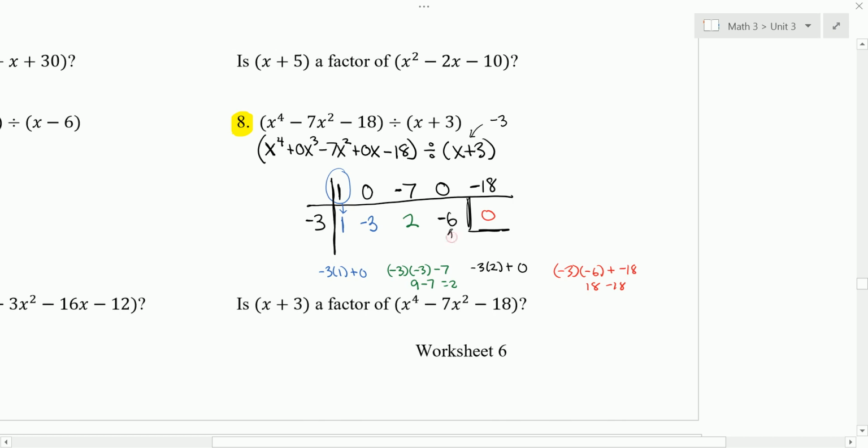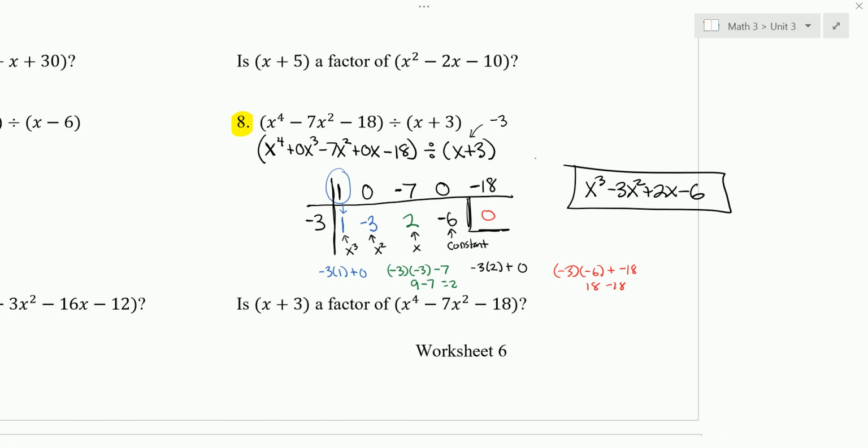This is your constant. Negative 6 is a constant. 2 goes with the x term, and negative 3 is the coefficient of x squared, and 1 is the coefficient of x cubed. And so we'd write 1x cubed minus 3x squared plus 2x minus 6. That would be our quotient from the division that was taking place here.